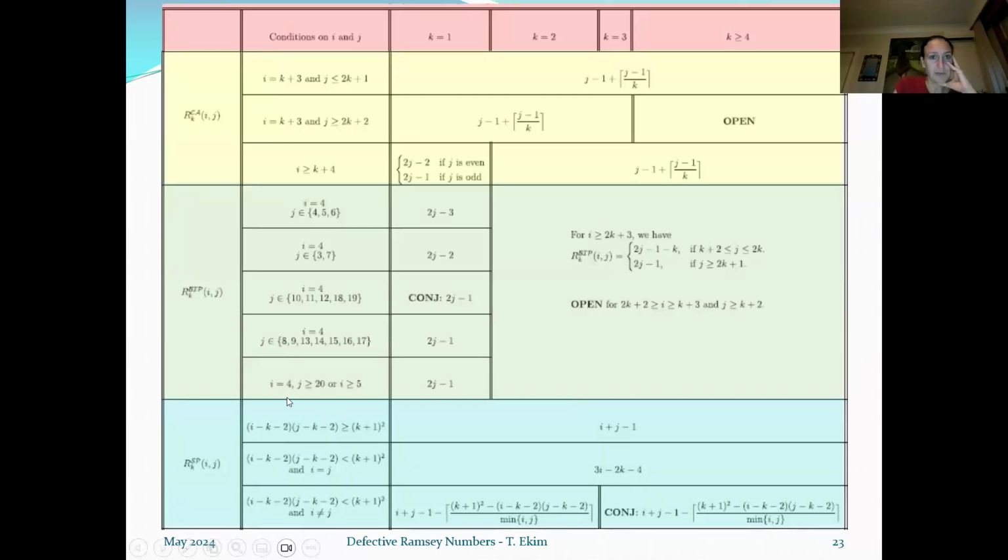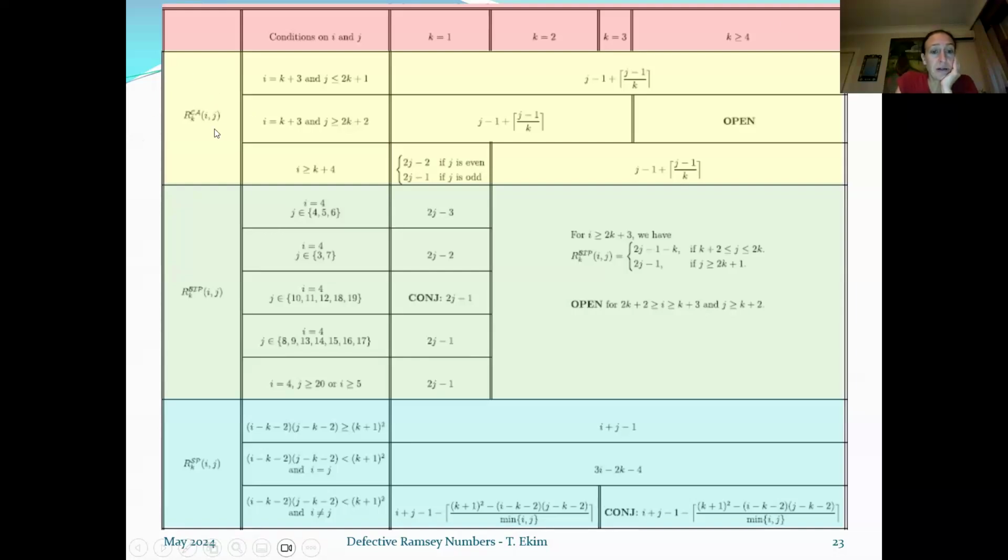I'm not going to go into details, but just to let you know, in yellow, cactus graphs, in green, bipartite graphs, and in blue, split graphs. The first column here says the conditions on I and J parameters, and then we have different cases for K equals 1, 2, 3, or at least 4.